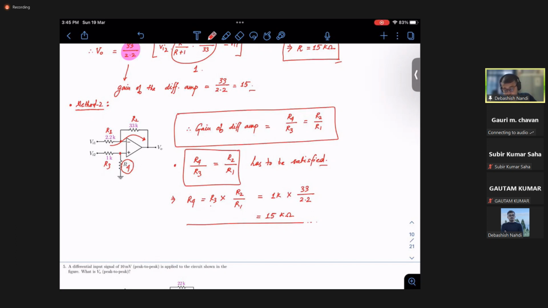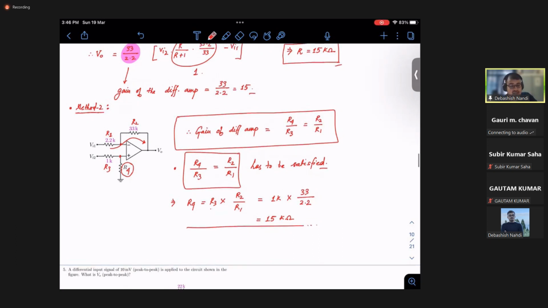So you may make the same mistake by using these simple formulas. So it is suggested you always use method 1 to analyze the circuit because it just involves KCL and KVL. So so far so good.